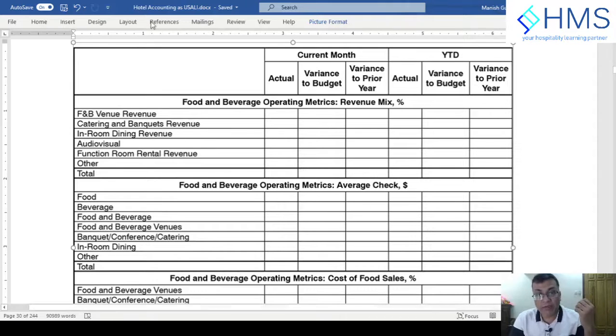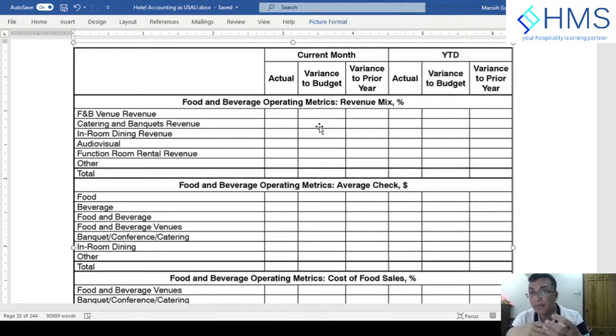Then you have the revenue mix. Revenue mix is calculated as the actual revenue for an F&B venue divided by the total revenue, and then you compare it against the budget. Every year you make a budget of how much percentage you will get from F&B, and how much percentage from catering.